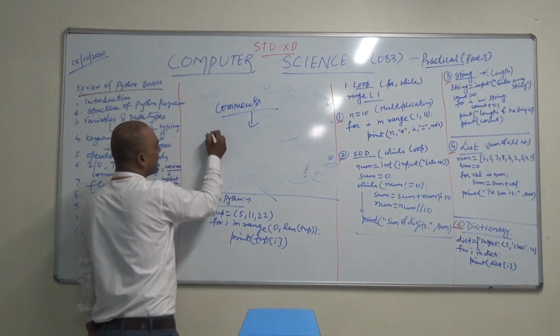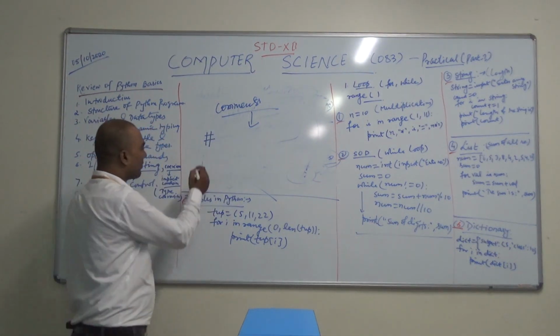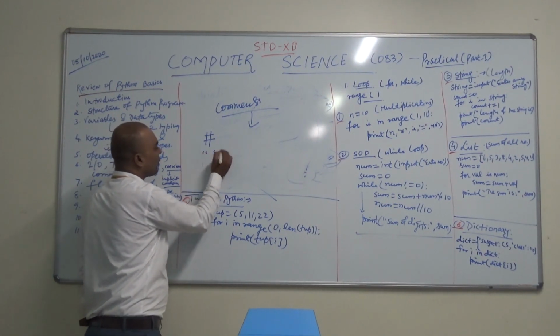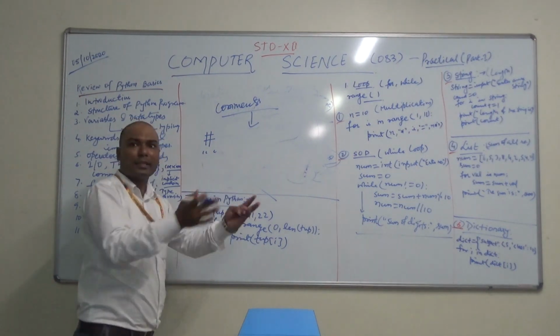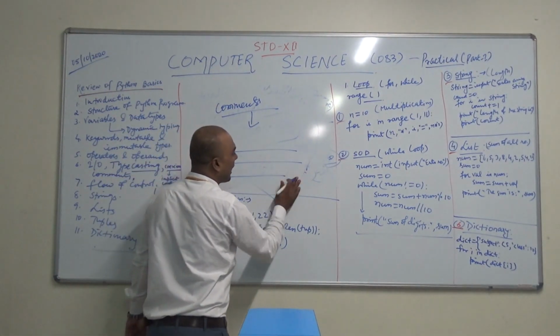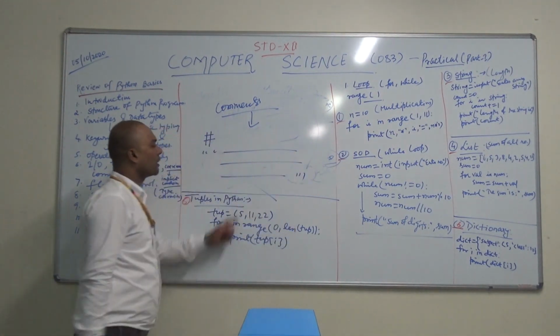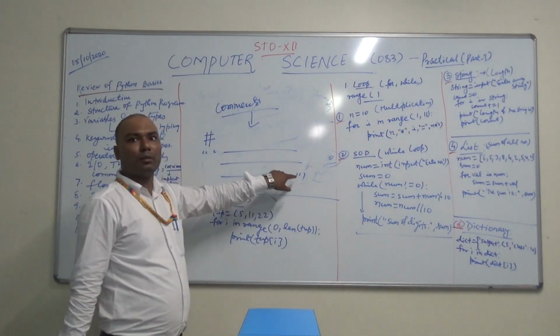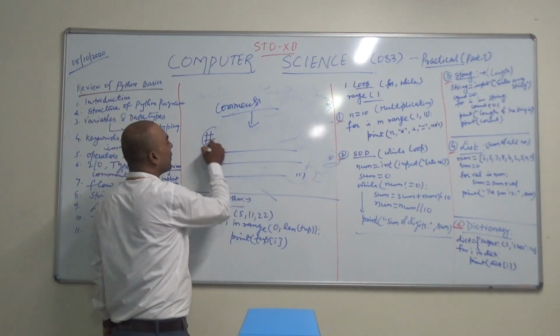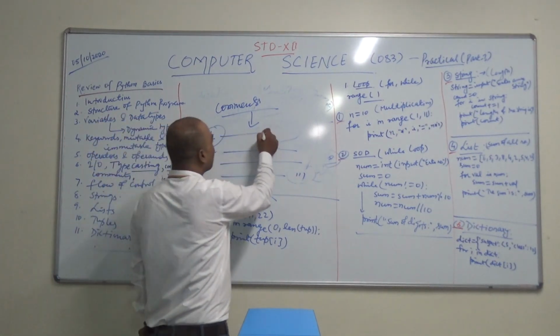Single line comments use a hashtag, and multi-line comments are given by triple quotes. Multi-line comments means many lines. We write the first line, second line, third line, and then we have to close it using the triple quotes, and the hashtag is for single line comments.